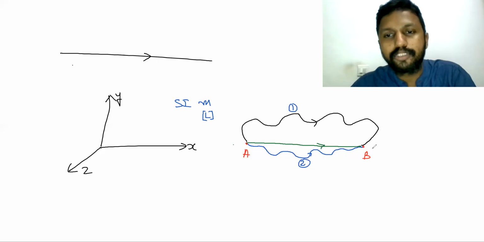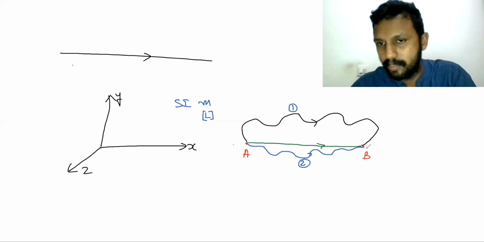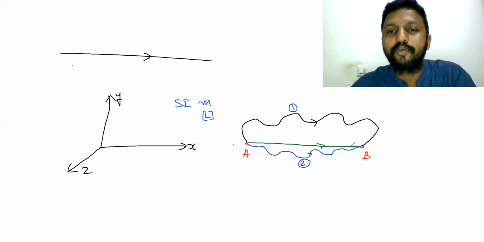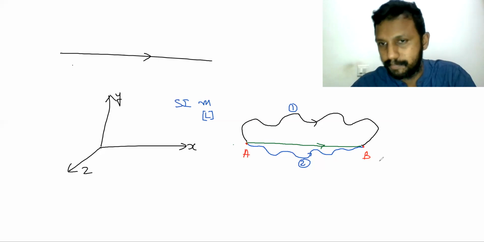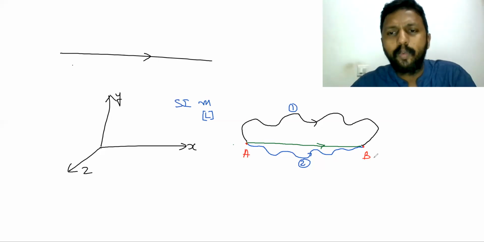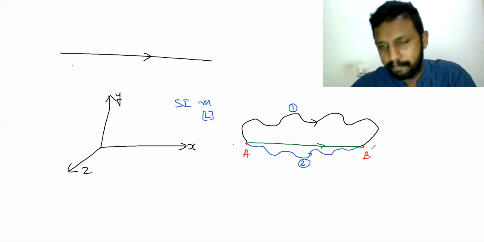Displacement only depends on the initial point and final point. It is independent of the path traversed by the substance. Therefore, what we can say is the displacement of this black color curve and the blue color curve is same.